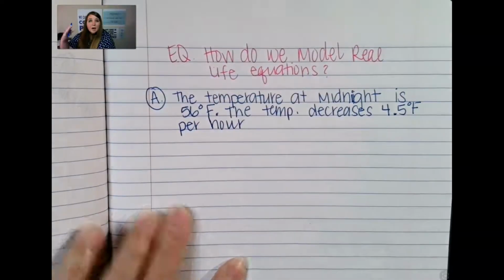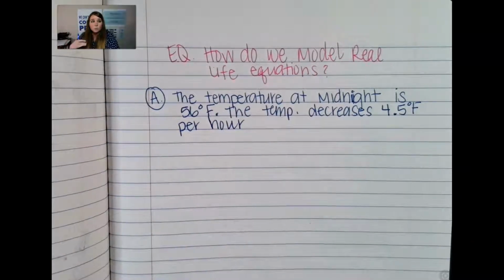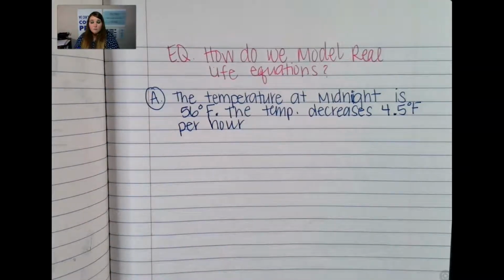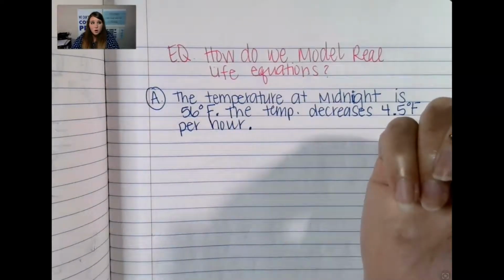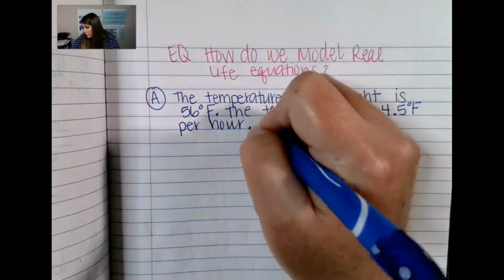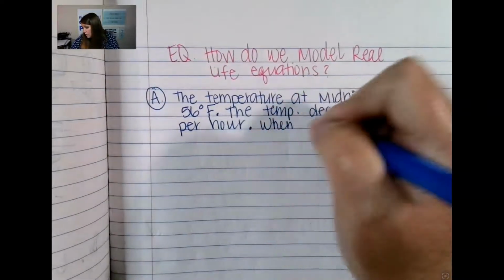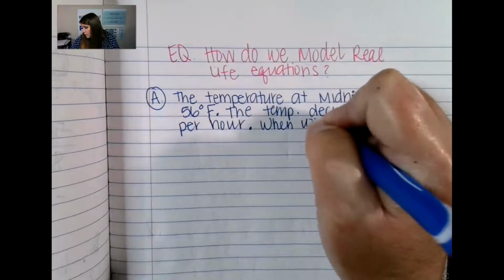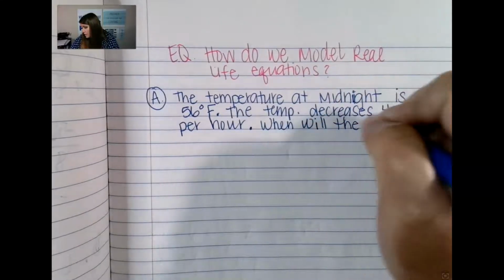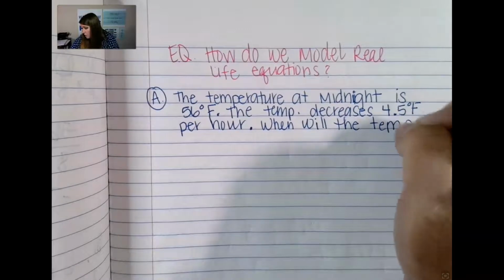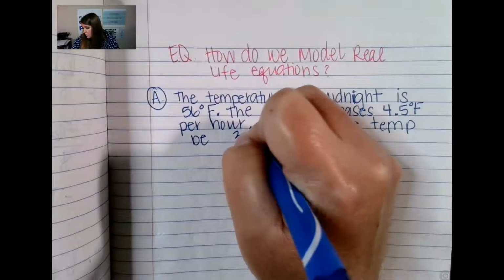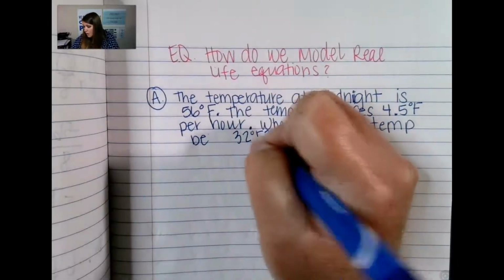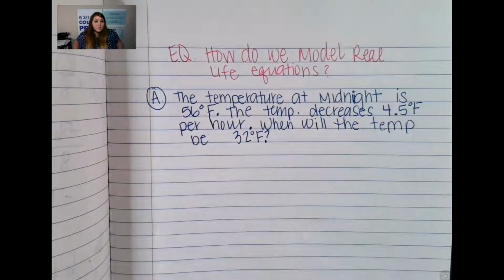So every hour is going to decrease 4.5 degrees per hour. And they want to know, when will the temperature be 32 degrees Fahrenheit?